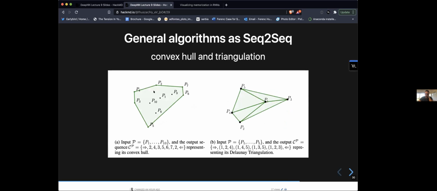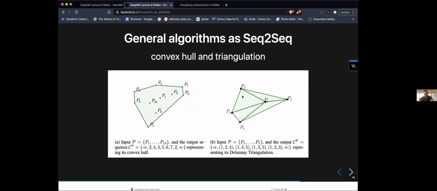You can similarly use this network where the input is a set of points, P1 to P10, and then the output is the convex hull of these points, which is the smallest polygon that contains all the points. That can be described in terms of a sequence of points, because you know that these polygons are going to be going through some of the points in your data set.